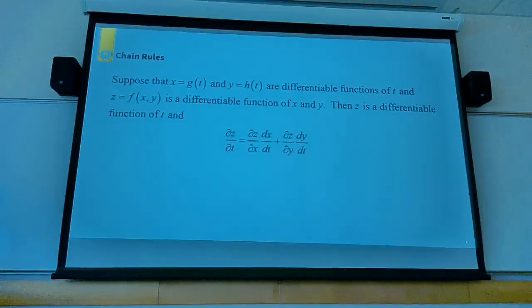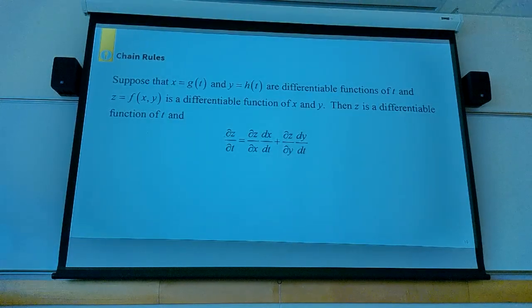Chain rules. Let's say both x and y are functions of t, and z is f of x comma y.